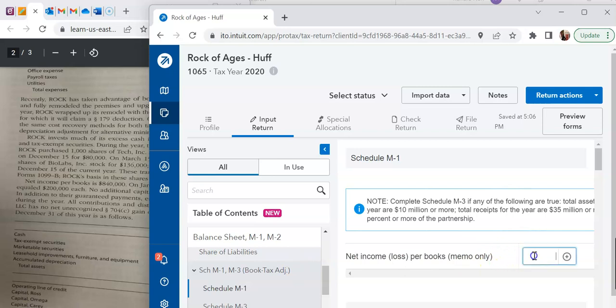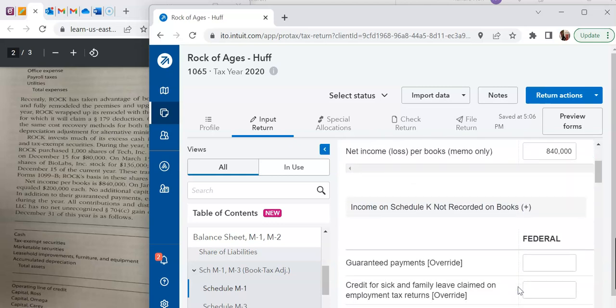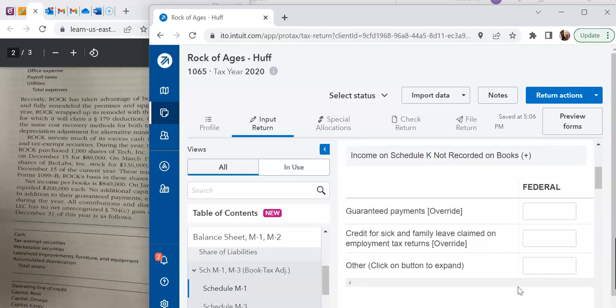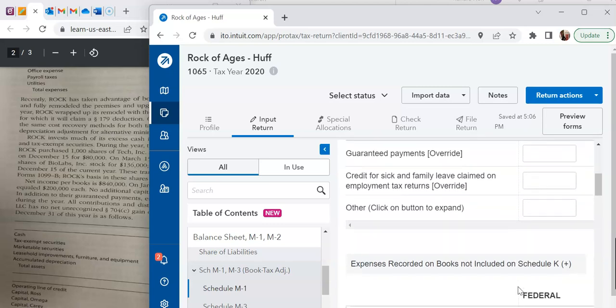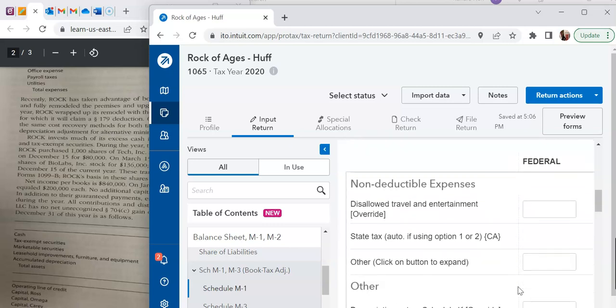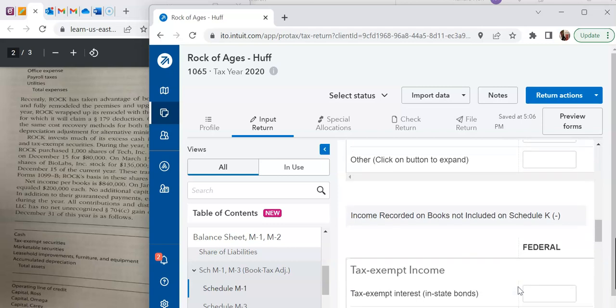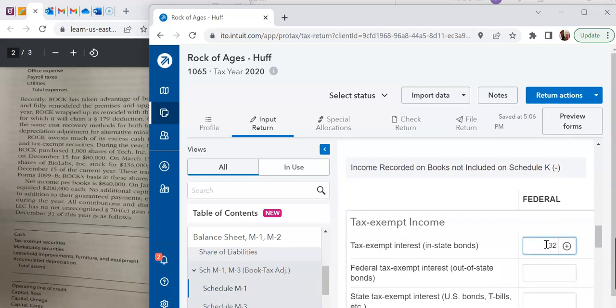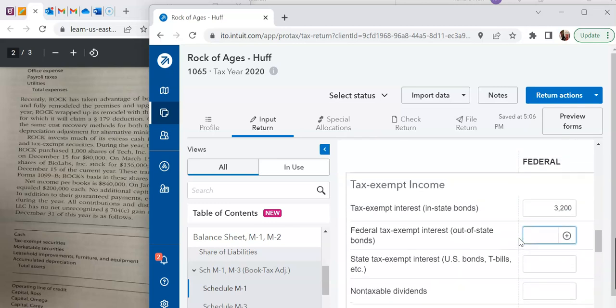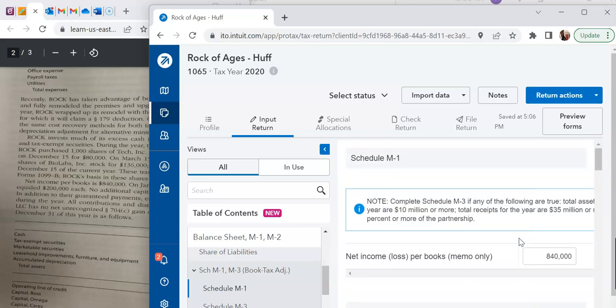All right, my net income per books is $840. And then income recorded on Schedule K, not in books. It should be income recorded on books, not taxable. Income recorded on books, tax exempt interest, $3,200. Let's see if that works. Okay. Back to the balance sheet.